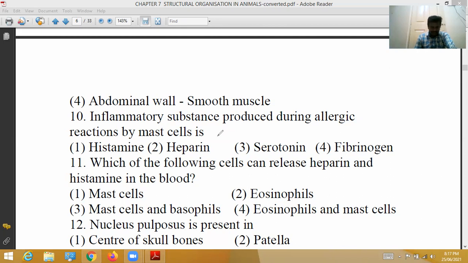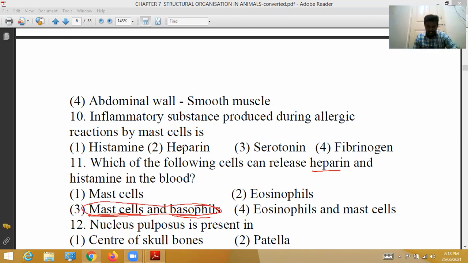Next, 11th question. Which of the following cells can release heparin and histamine in the blood? We just discussed it. Both mast cells and basophils have cytoplasmic granules. Granules contain heparin, histamine, and other inflammatory substances. So mast cells and basophils, both can release heparin and histamine in the blood.